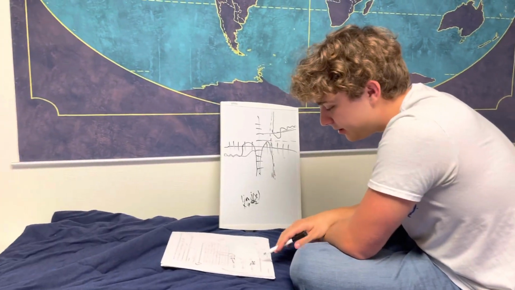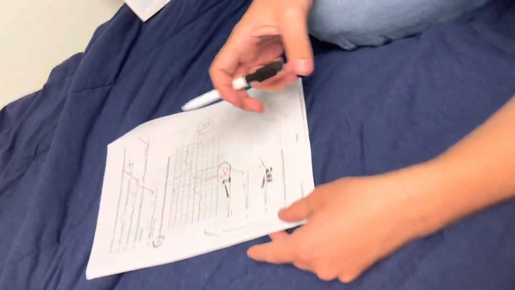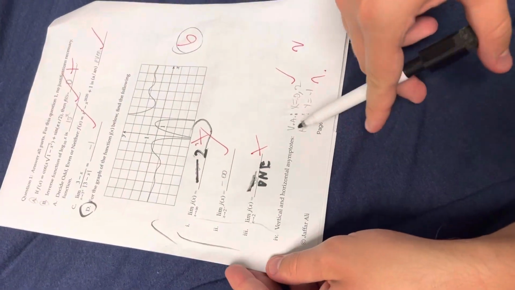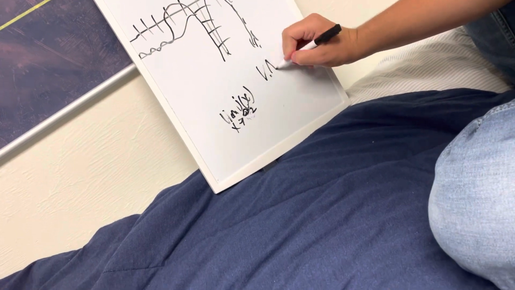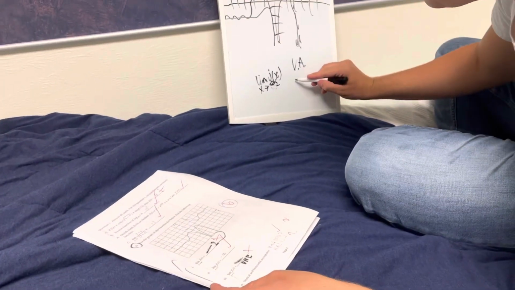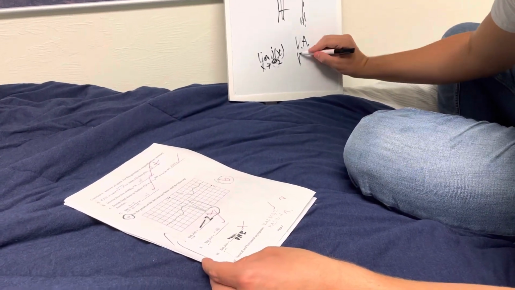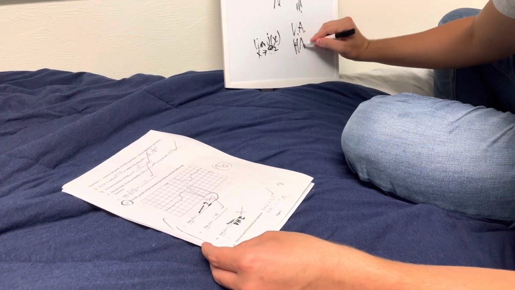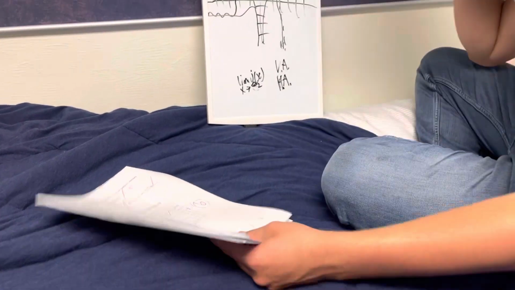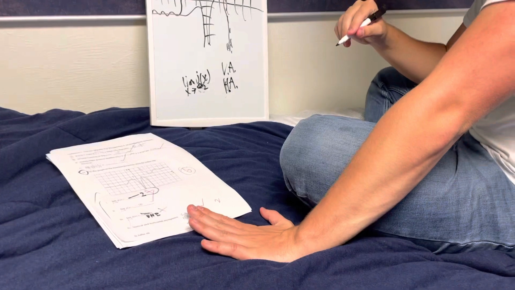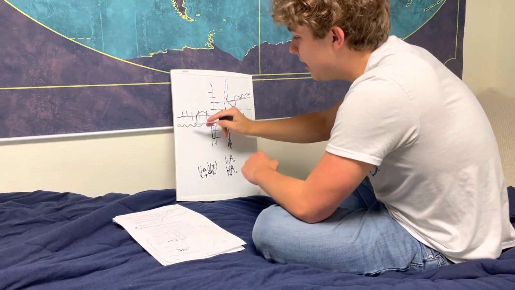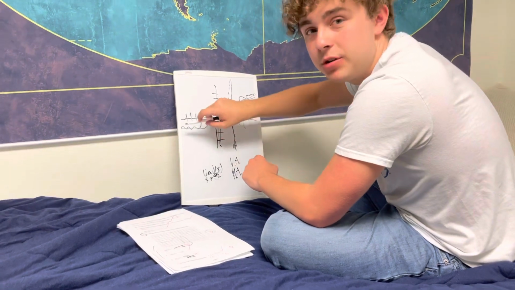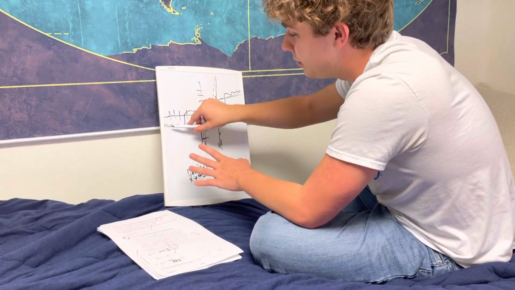The last question. We need to find the vertical and horizontal asymptotes. So let's write that here. Vertical asymptotes and horizontal asymptotes. So what an asymptote is, basically, on the graph, is a point at which you get infinitely close to a number as you approach any number, but you never touch it.